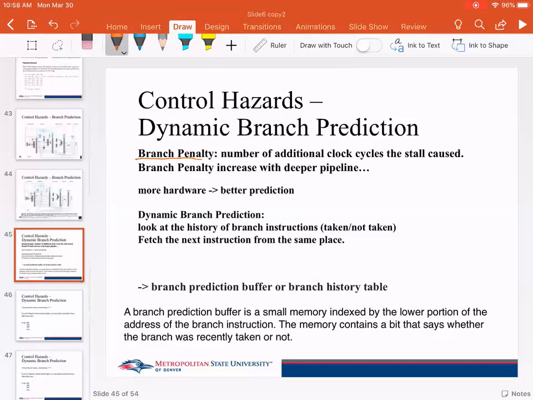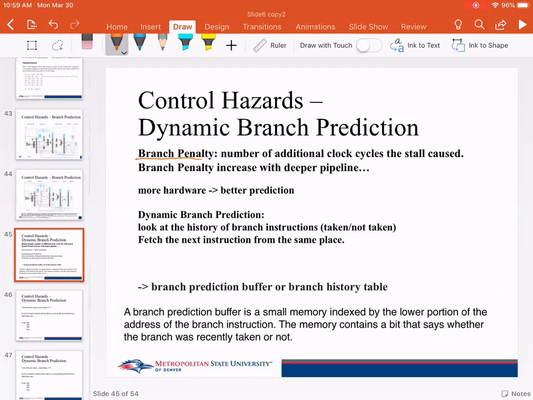The second part is how big the penalty is. Suppose your prediction is wrong, then how many extra clock cycles do we have to pay for that? So there are basically two parts that determine how well the pipeline processor is designed to handle control hazards.